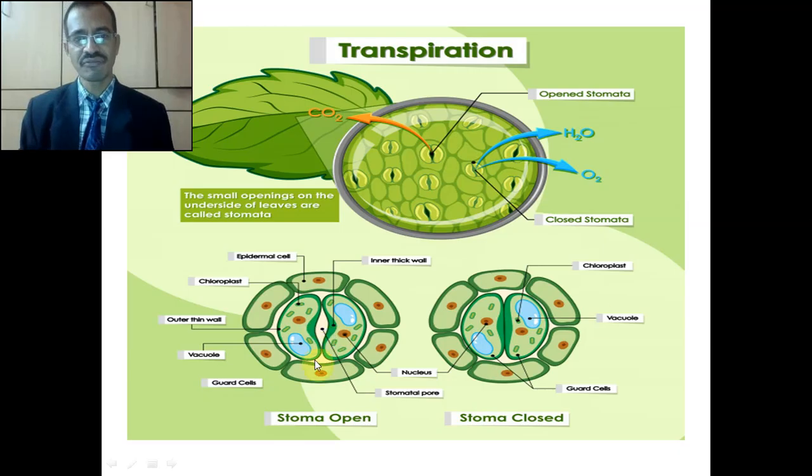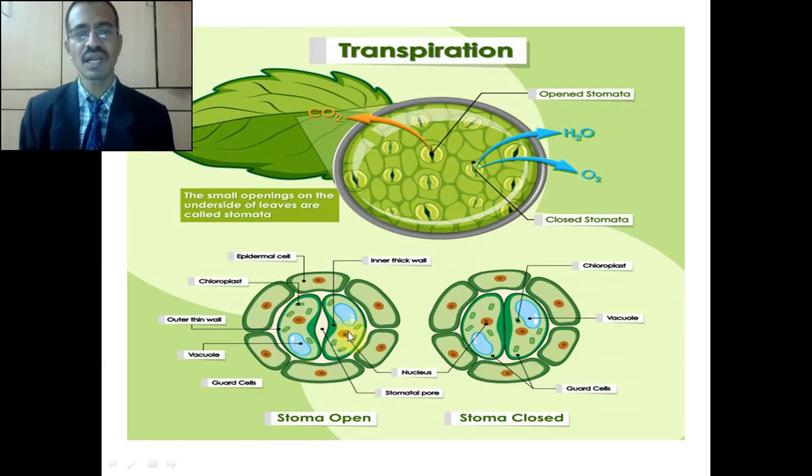So now again we see the structure of the stomata here. Now it is in the open form and it is in the closed form. So this is the stomatal pore surrounded by the two guard cells. When the guard cells are in the turgid state, that means when there is plenty of water, it exerts pressure on the walls.